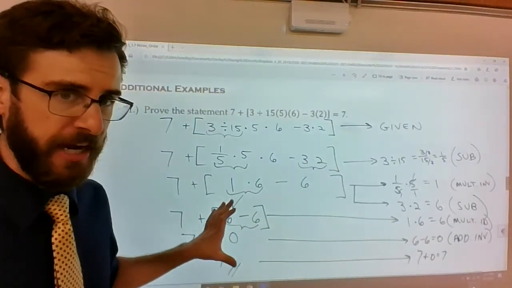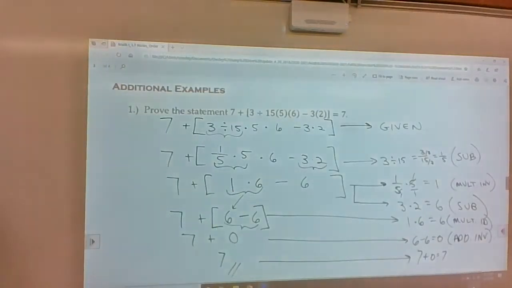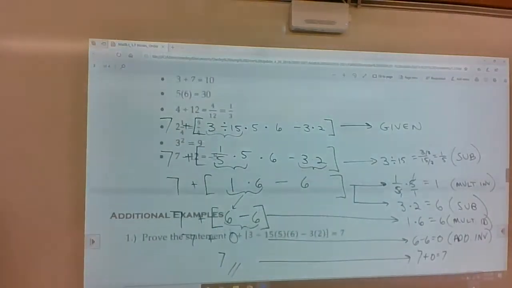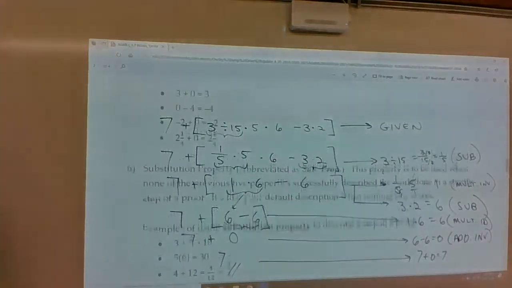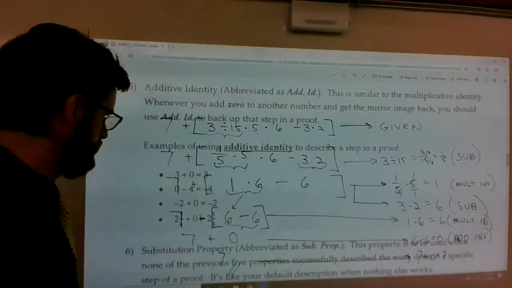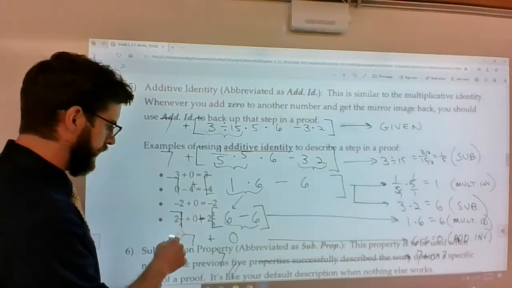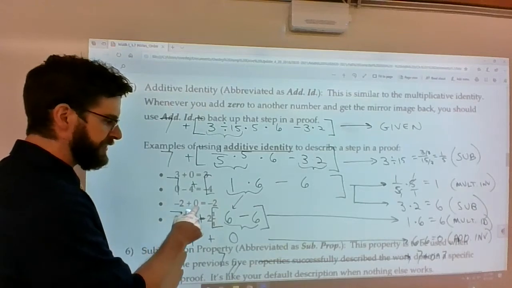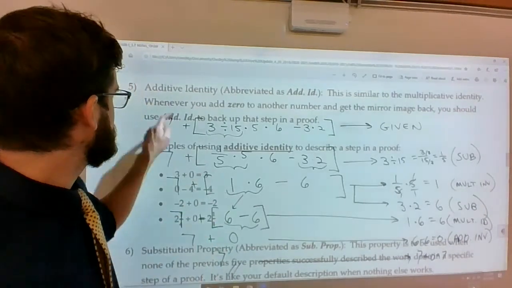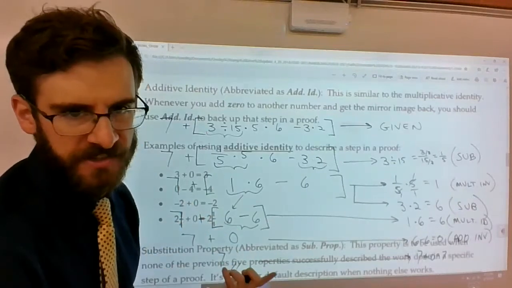So check out the 5th property. Right here. 3 plus 0 is 3. 0 minus 4 is negative 4. Negative 2 plus 0 is negative 2. This is the additive identity: when you add 0 to something, it just becomes the same thing at the end.